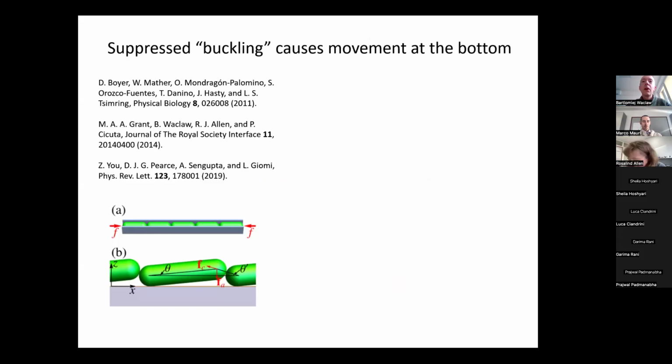Okay, so this is also related in an interesting way to the phenomenon called buckling, which has been studied in bacterial colonies. Rosalind and myself and Pietro Cicuta and Matt also wrote a paper about it, but then some other people also published on this. It's basically when you have a surface and some bacteria attached to the surface.